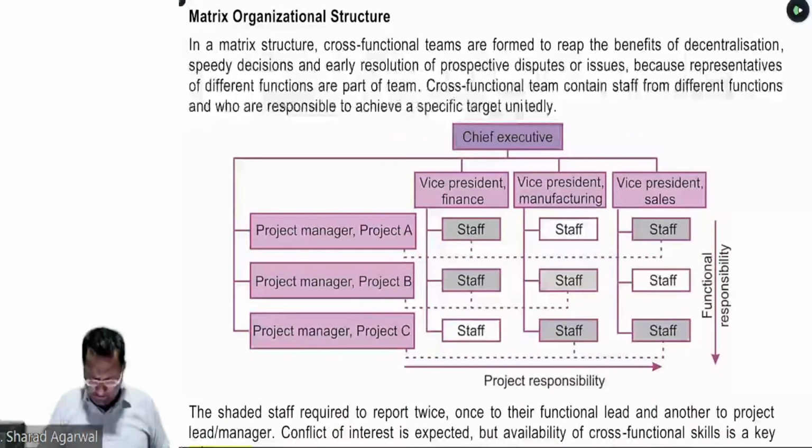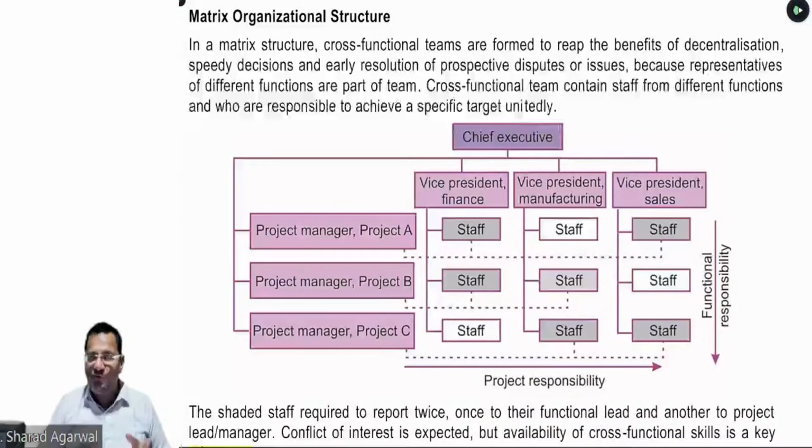Okay, Aniket wants to explain the matrix structure. Okay, beta. In a matrix structure, we will make a team, and that team will consist of persons from different skill sets. In the divisional structure and the functional structure, they are defined to work only according to a single set of skills, while in the matrix organizational structure, we will form a team that consists of experts in different fields.